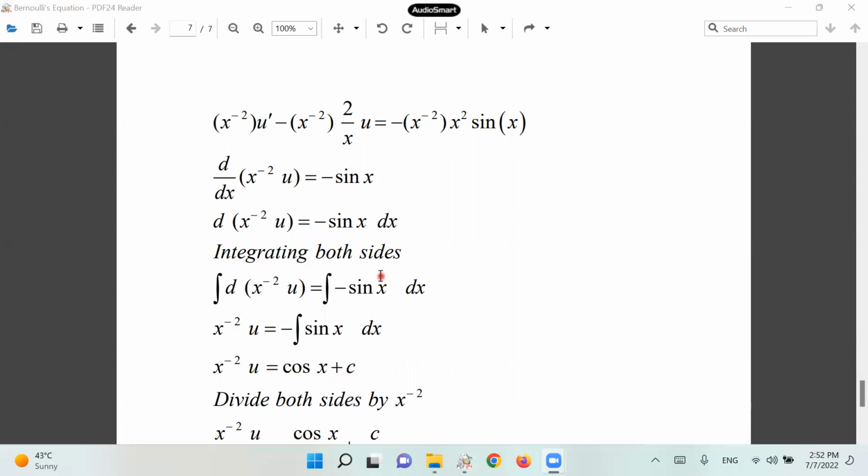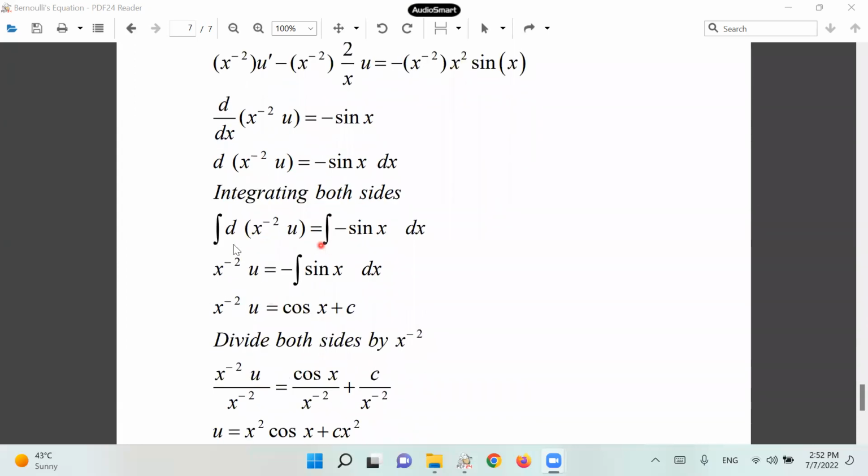Then integrate both sides. When we integrate both sides, this d and the integration sign will be cancelled out, and we are left with x power minus 2 into u equals the integral of minus sine of x. Now just integrate it. The integration of sine x is minus cos, but minus and minus becomes plus cos x plus c.